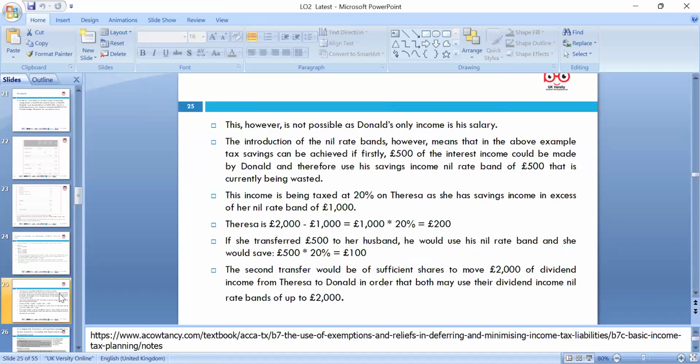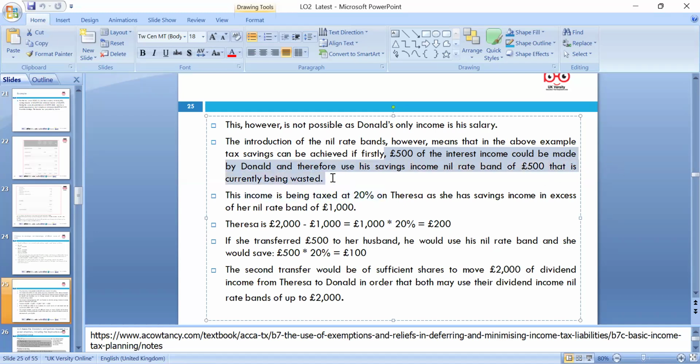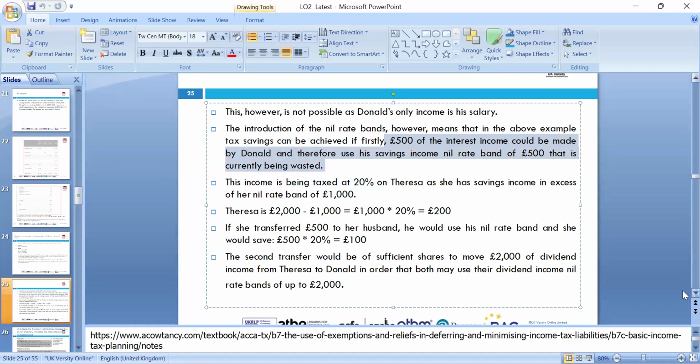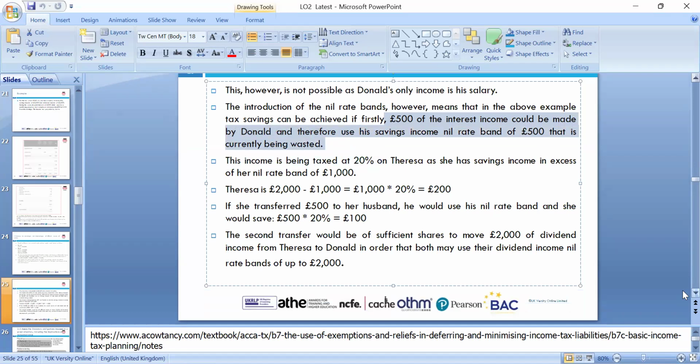For example, 500 of interest could be moved, making the saving income nil, because the husband can get a 500 pound saving allowance.